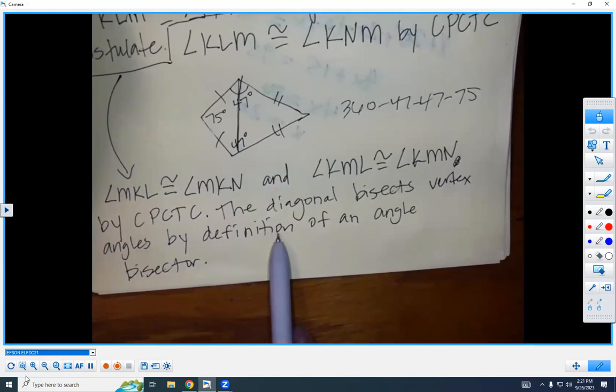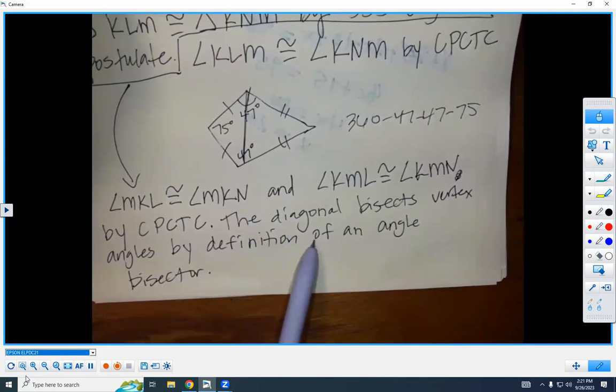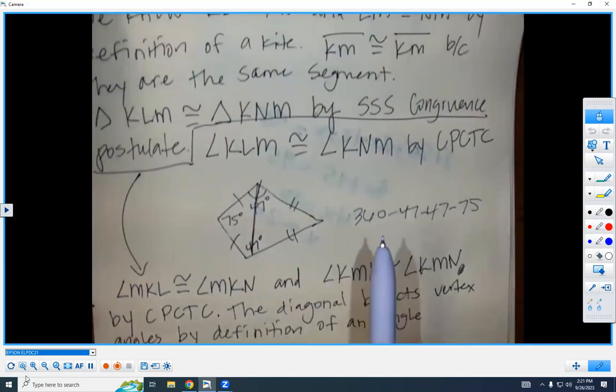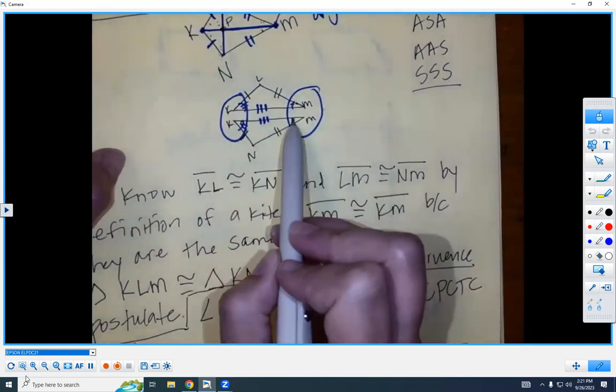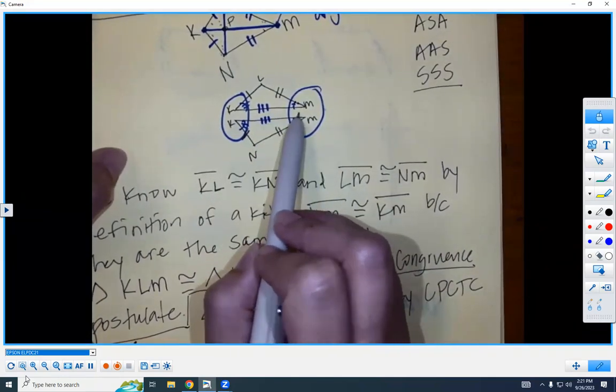We just showed that the diagonal bisects the vertex angles. That was almost a week ago. These are congruent because this is an angle bisector, right?